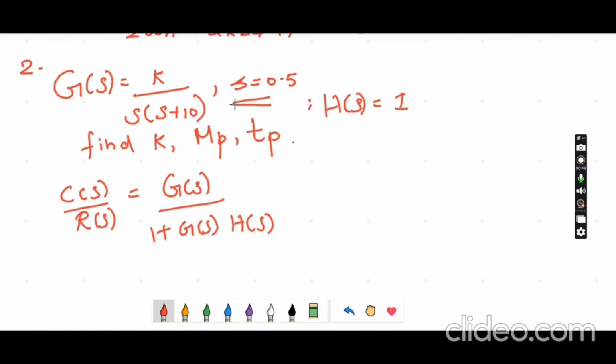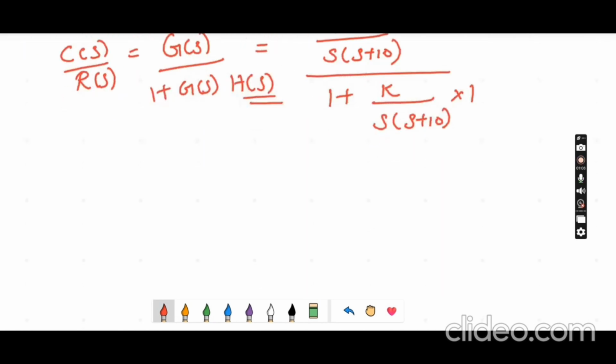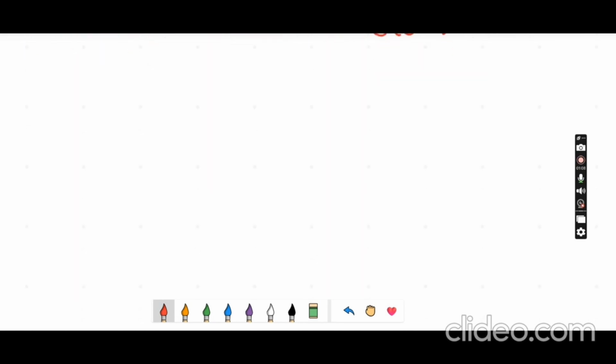Let me substitute the values: k by s into s plus 10 divided by 1 plus k divided by s into s plus 10 multiplied by 1. If we solve the above equation, we will get k divided by s square plus 10s plus k. That is the final equation we are getting.